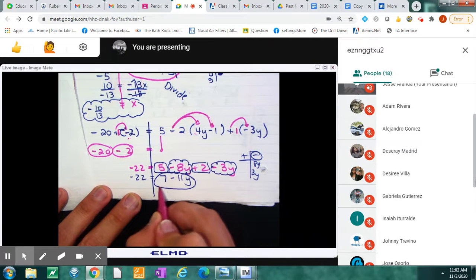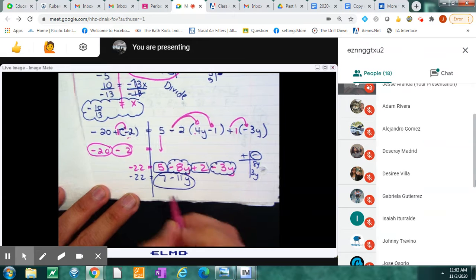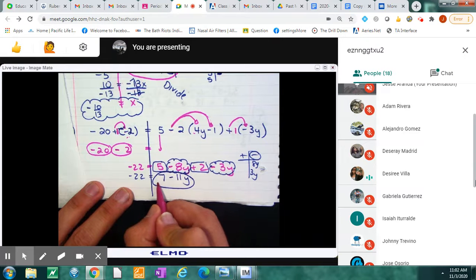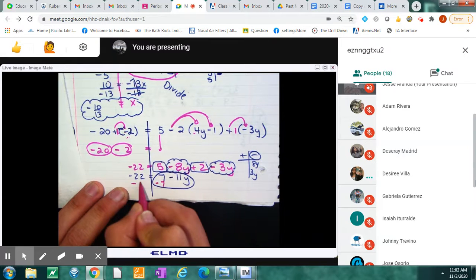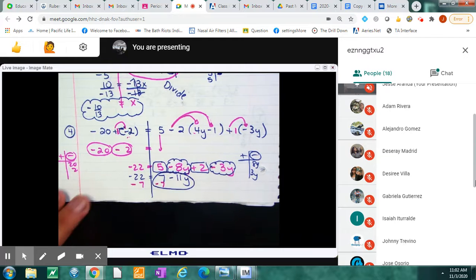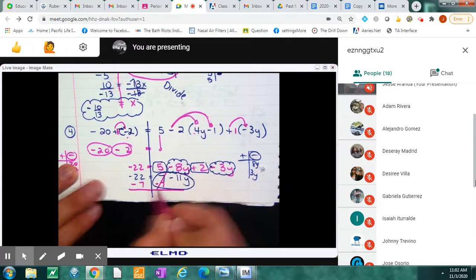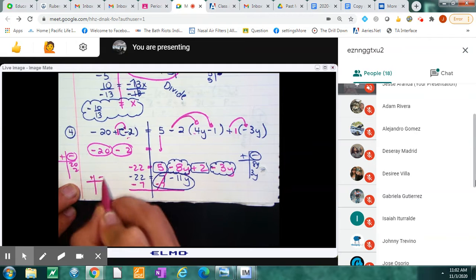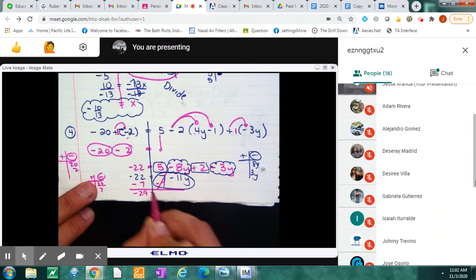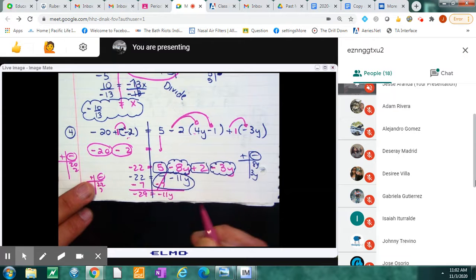Subtract 7 both sides. Oh, I thought it was gonna be a different number. That's fine. So that's going to give me, T-chart again, negative 22, negative 7, negative 29 equals negative 11y, right?